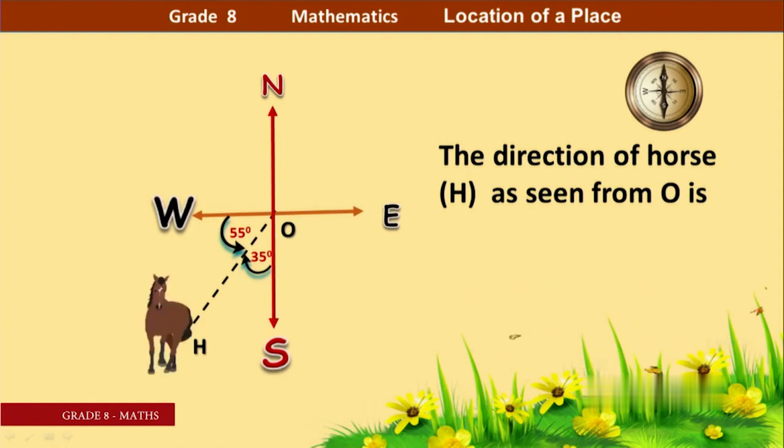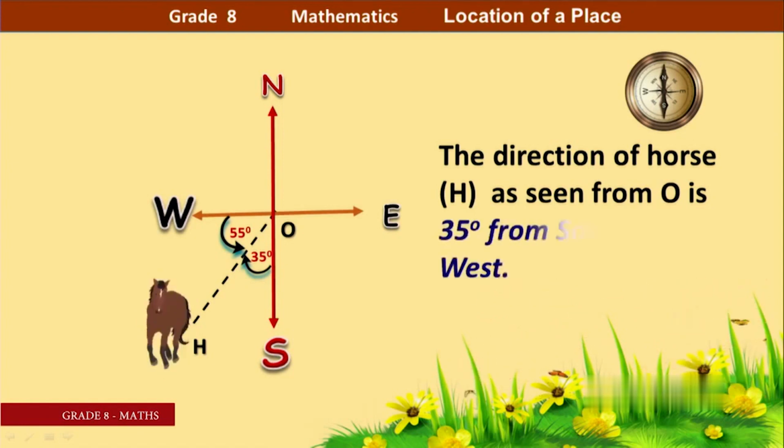Yes, I mentioned earlier, even though it is measured from west or south, we have to give the priority to the south direction. So, the correct angle to represent the direction here is the angle measured from the south direction. So, we can say the direction of the horse as seen from O is 35 degrees from south to west.